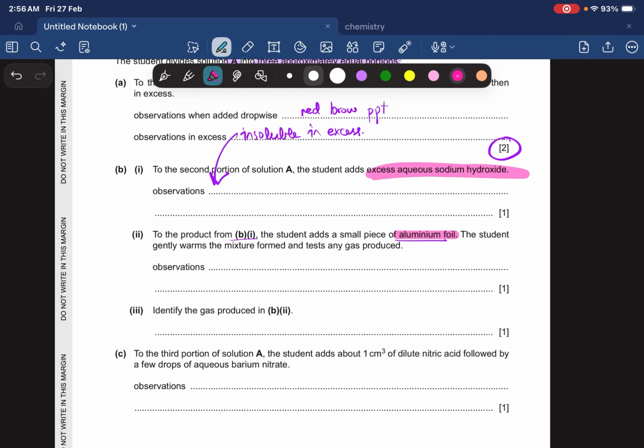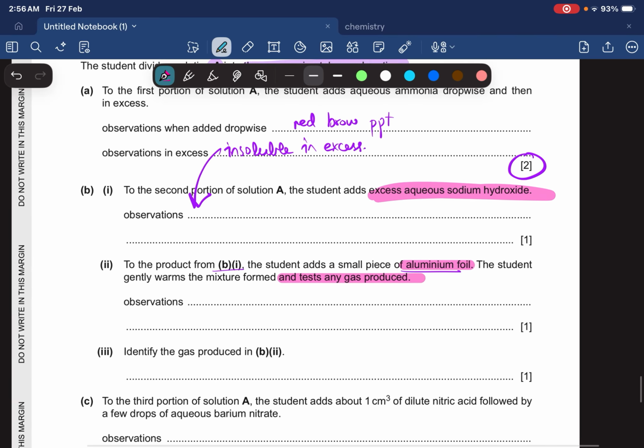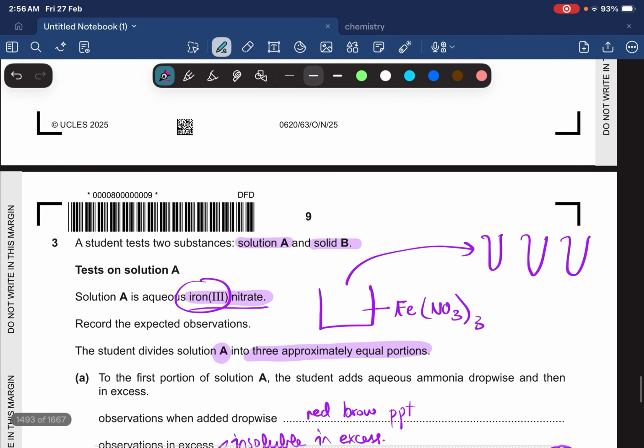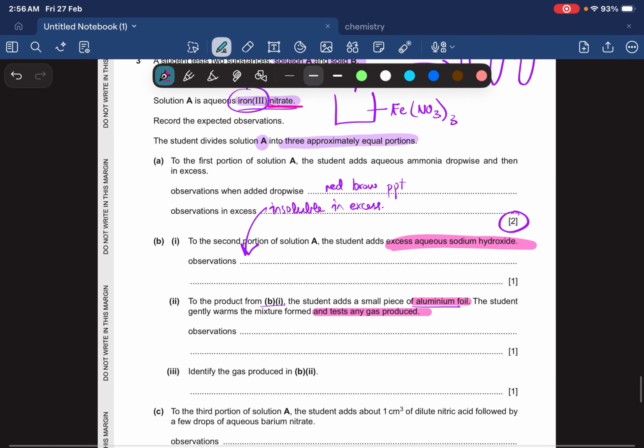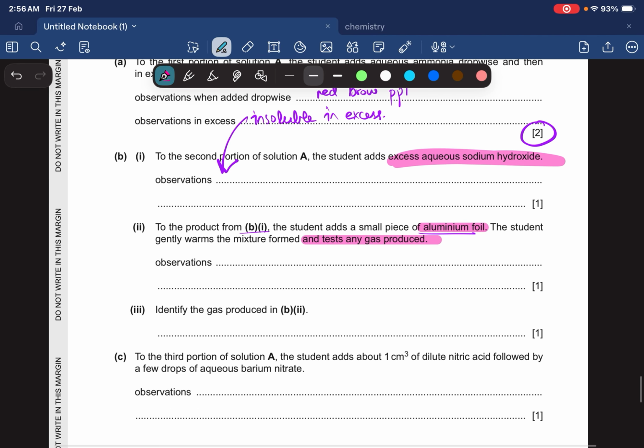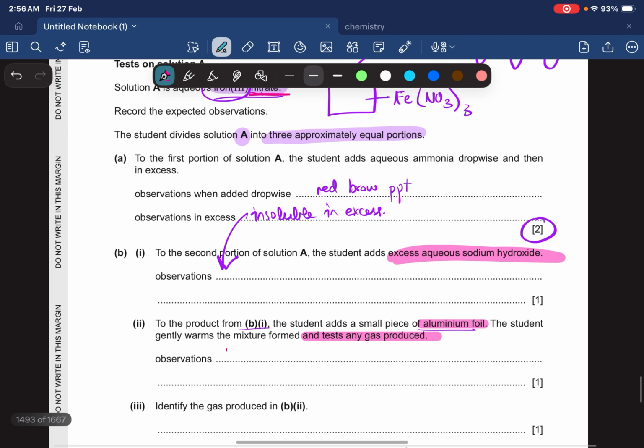The student gently warms the mixture formed and tests any gas produced. Observation: that's ammonia gas that's going to be produced because you have nitrate over here. What's the test for ammonia gas? Turns damp red litmus paper blue. You just copy it from below and write the test.